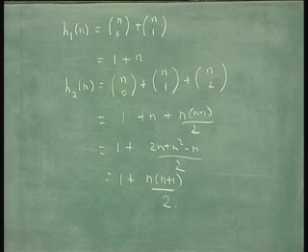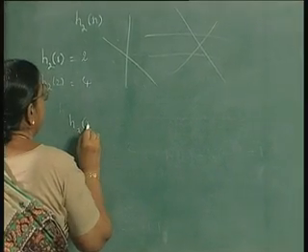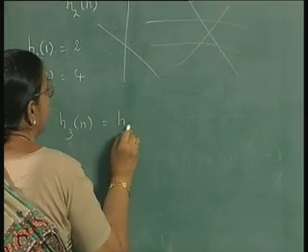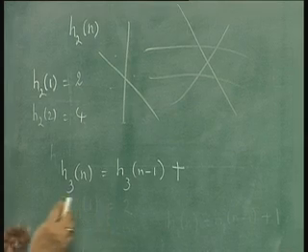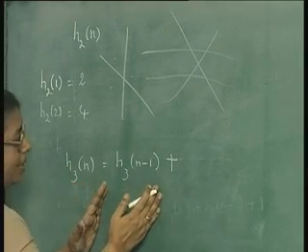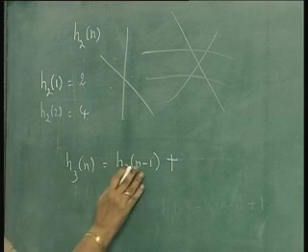Now coming to the 3-dimensional case, a similar argument will tell you that H3(n) equals H3(n minus 1) plus something. When you have n minus 1 planes, the space is divided into so many regions, given by H3(n minus 1).